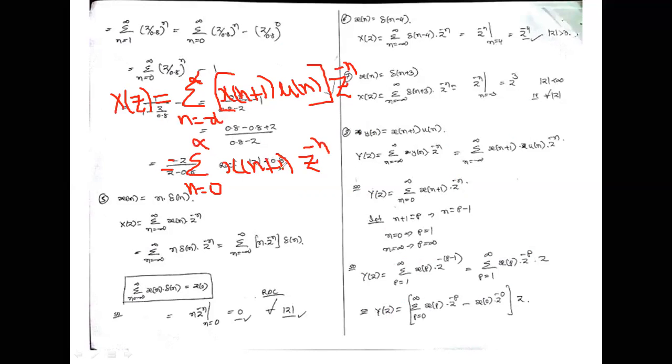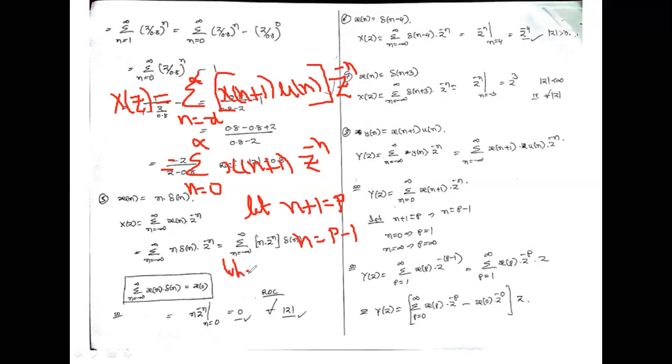According to the shifting property, or otherwise, let n plus 1 equal p. Then n equals p minus 1. Substitute here, and change the limits also.